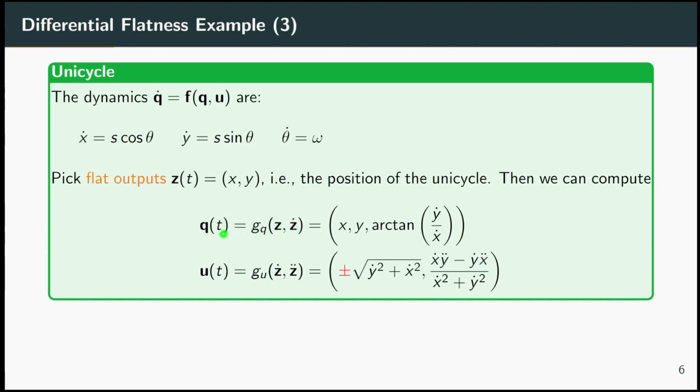If we want to compute the state just from our latent space, which was x and y and derivatives thereof, which would be x dot, y dot, x double dot, y double dot, then of course x and y we already have in the state space, and theta was just what we derived. And for u, that was basically the speed and the omega. The speed we computed over here, and the omega we also computed over here. In both cases, it just depends on that latent variable z and derivatives thereof.